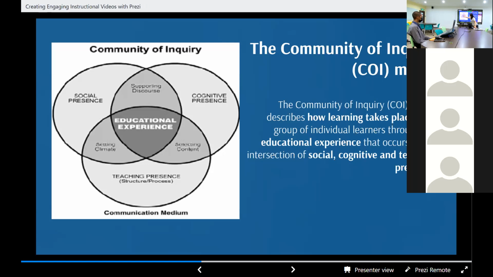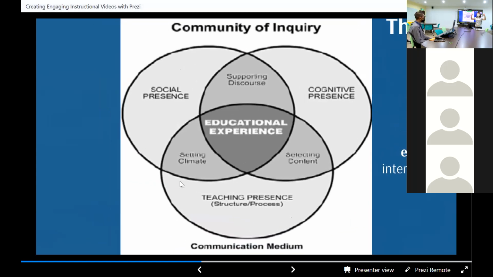Then you need to have the teaching presence, which is you. Not just you, the teacher, but you designing the lessons, facilitating the course, how you plan the course, how you plan the activities, what kind of activities students will do afterwards so that they can actually enhance their cognitive ability. In addition to that, there must also be a social presence. There must also be some kind of communication.